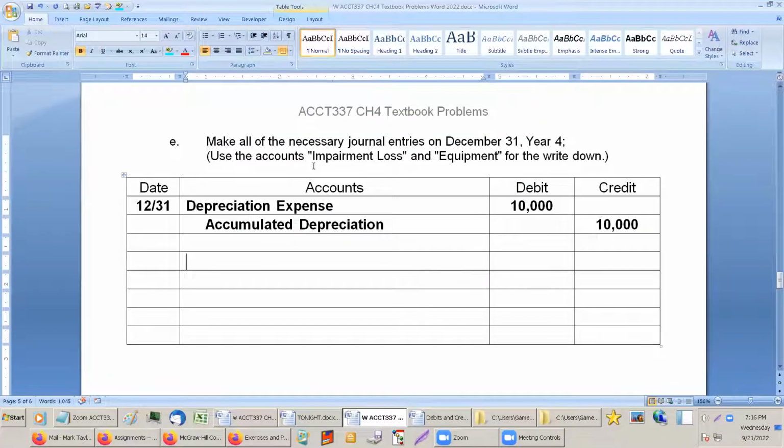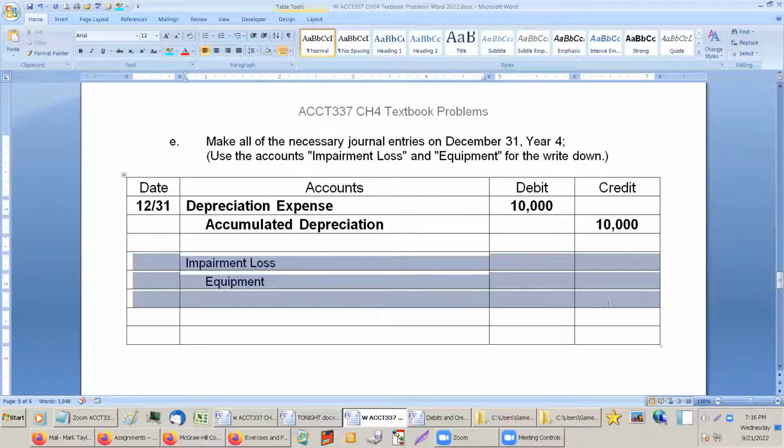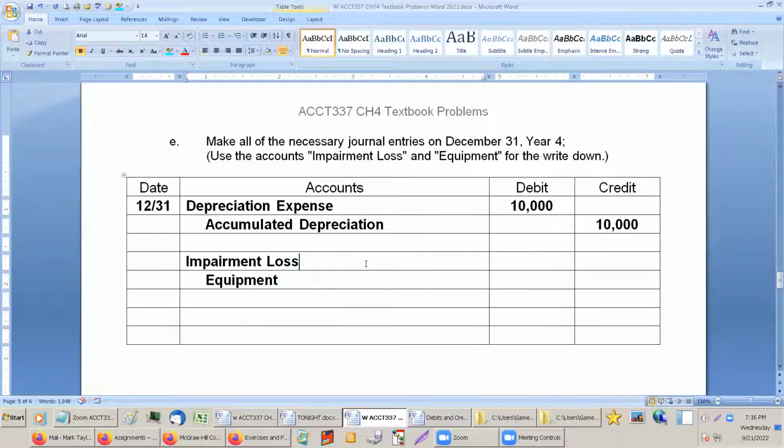Okay, and then we would have impairment loss. Okay, impairment loss and equipment.